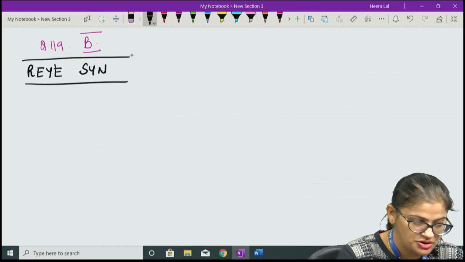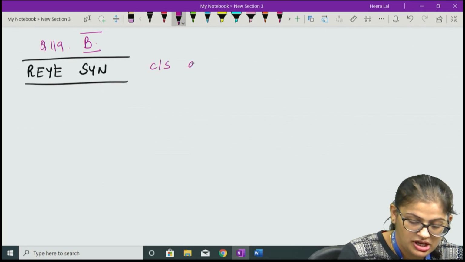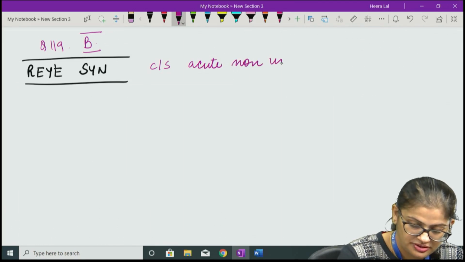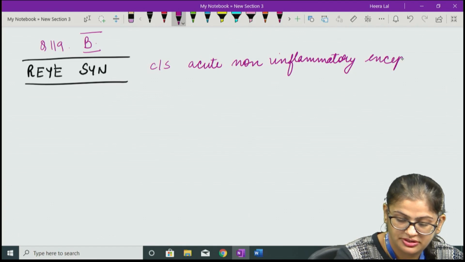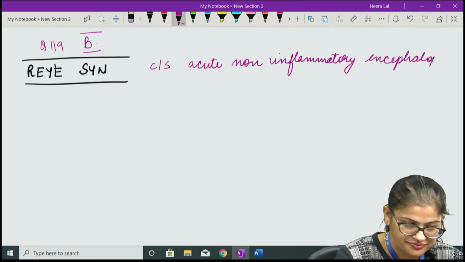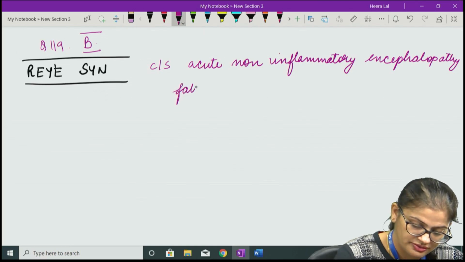Well, Reye's syndrome is characterized by acute, non-inflammatory encephalopathy along with fatty degeneration of liver.